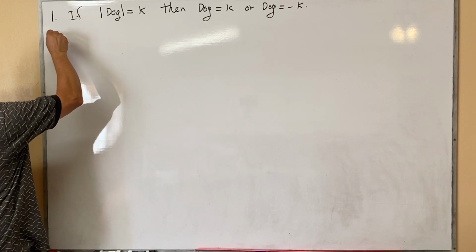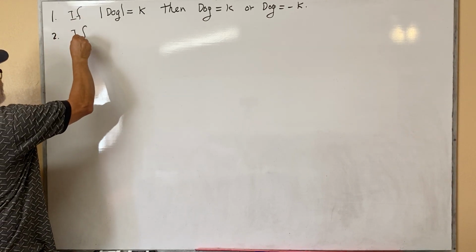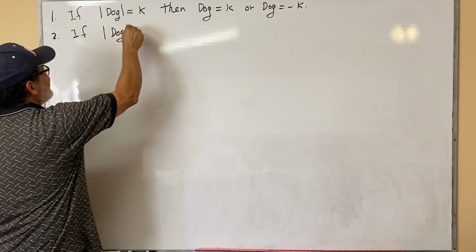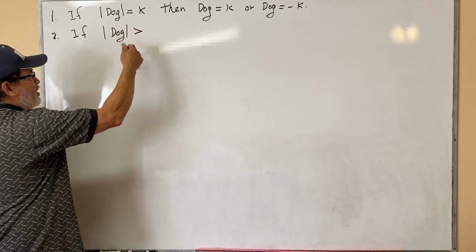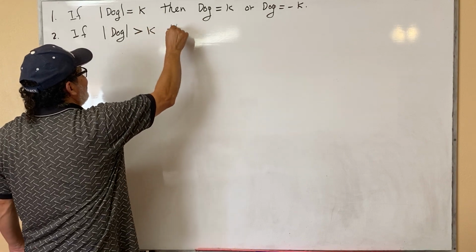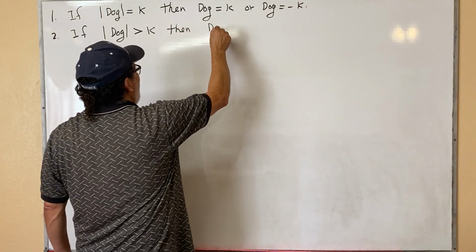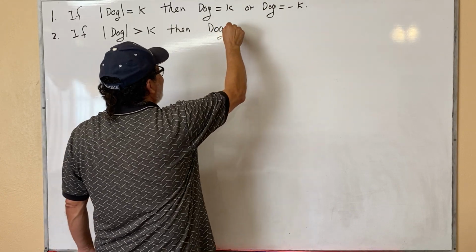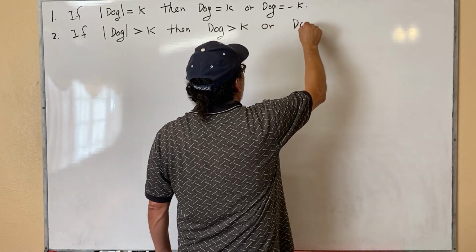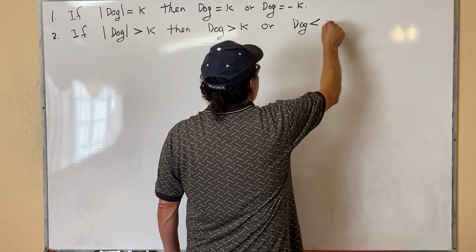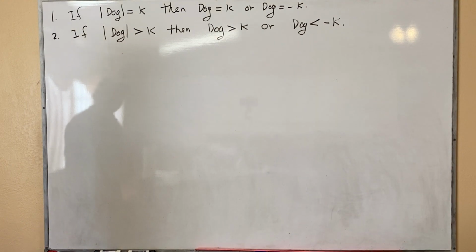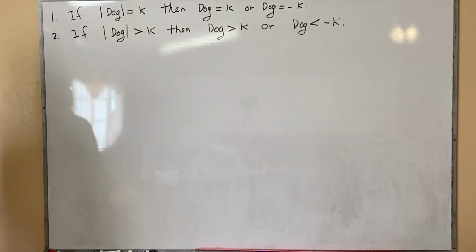If the absolute value of the dog is greater than, or if you want to say equal to, you can, it doesn't matter, greater than a constant, then the dog comes out: the dog is greater than the constant, or the dog is less than the negative of the constant.